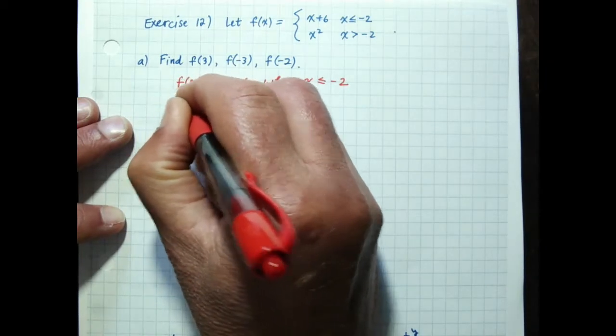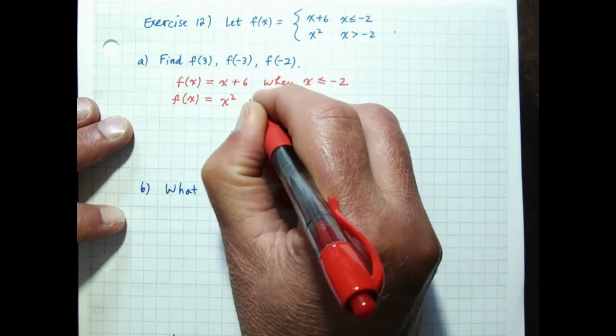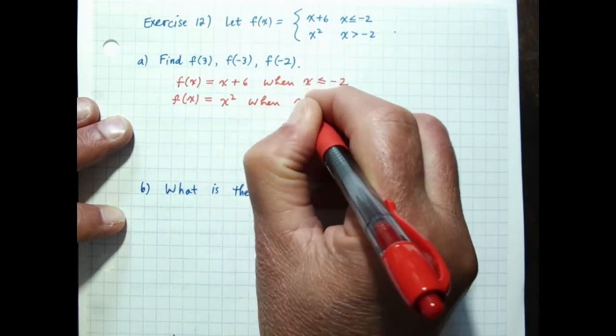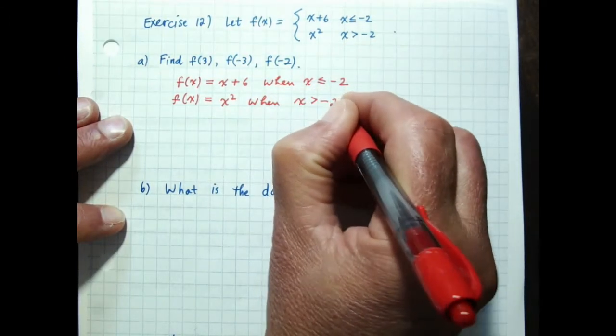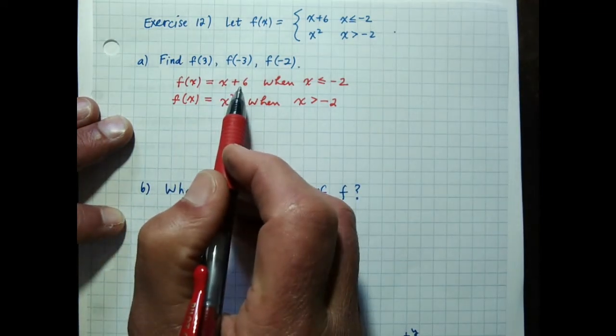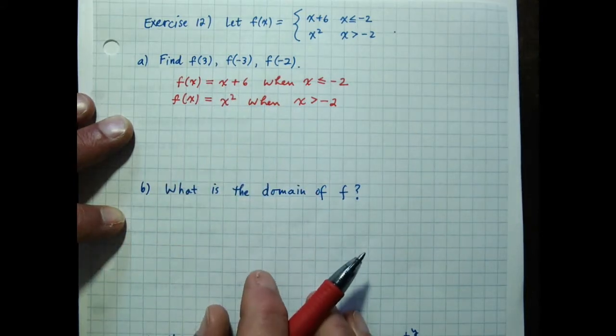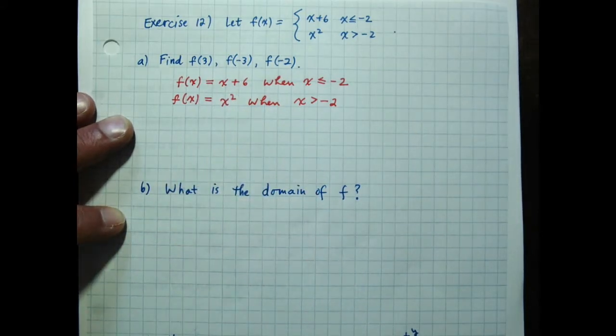And f of x, the same function, is equal to x squared when x is greater than negative 2. So this is where this idea of piecewise comes in. We have different pieces of this function for different situations.